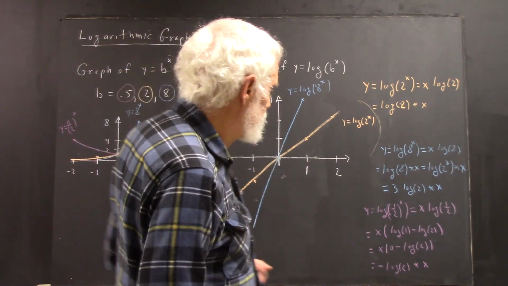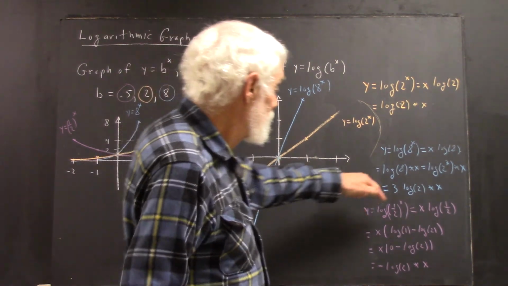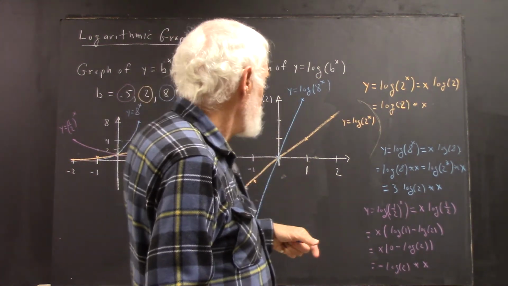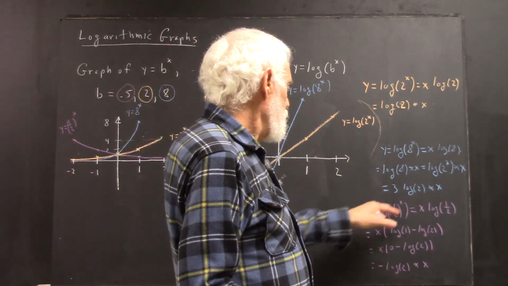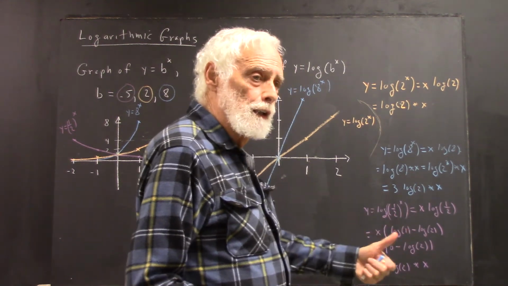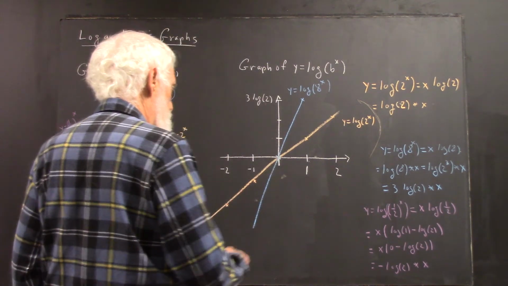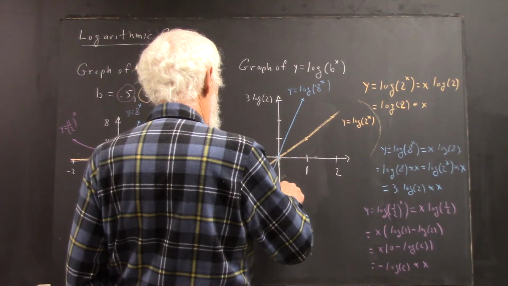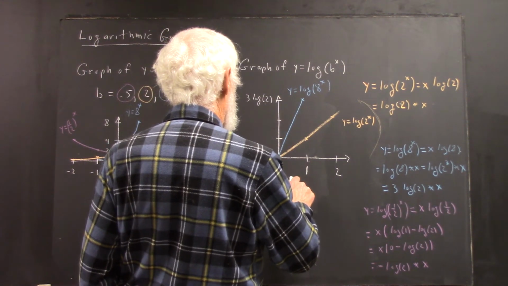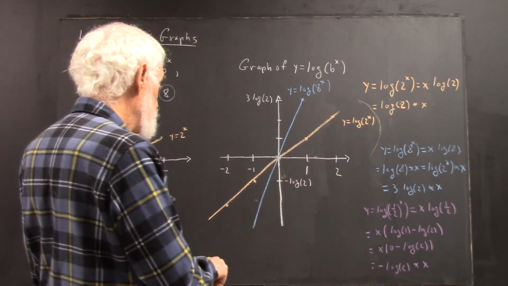And of course, when x equals 0, y is 0, because 1/2 to the 0 is 1, and log of 1 is 0. When x is 1, this is a log of 1/2, which is the negative log of 2. Right here is negative log of 2.